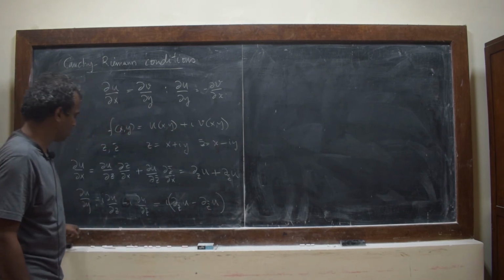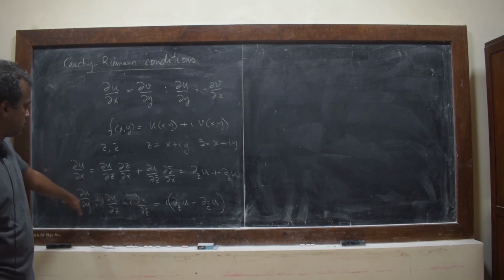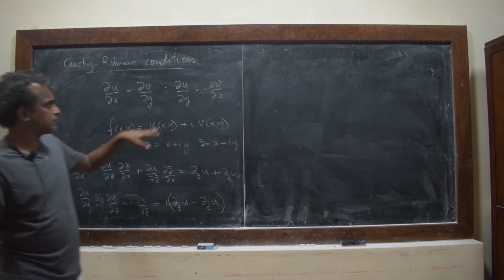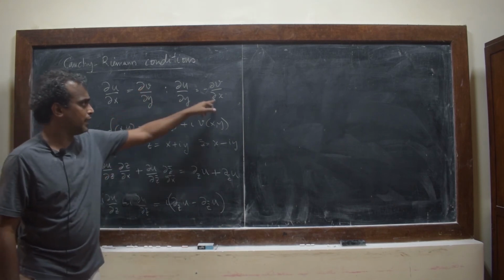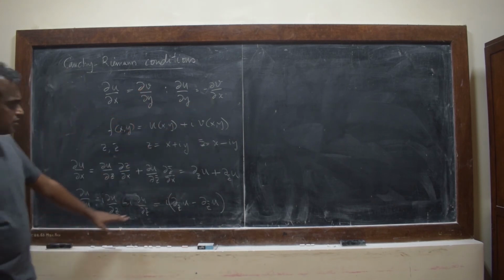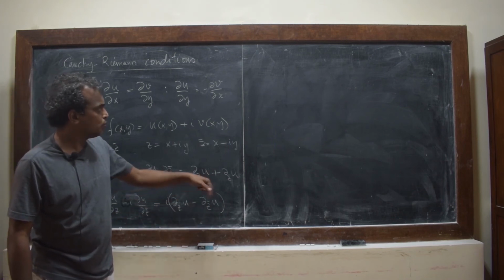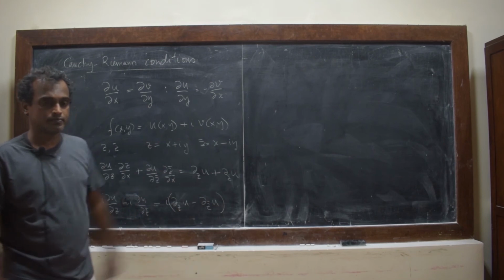Okay. Now, it is clear that the derivatives of v with respect to x and y will have similar forms, where we only have to replace u with the function v.